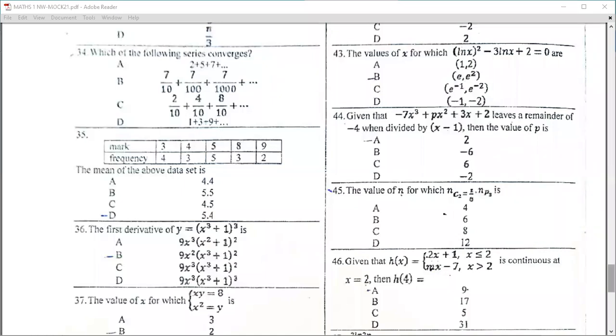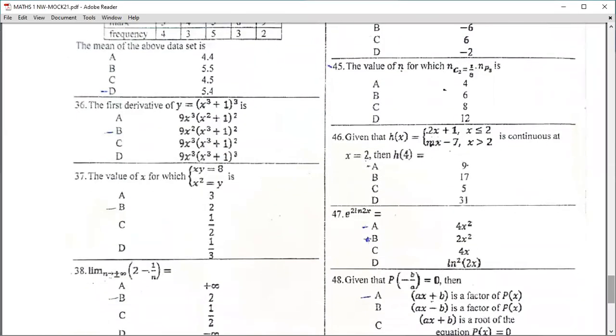All right, so question 46. Given that h of x is equal to this and equal to this, and the function is continuous at x equals 2, then find h of 4. For h of 4, which part of the function do we use? We are going to use the second part of the function because x equals 4 is in this region, x greater than 2.